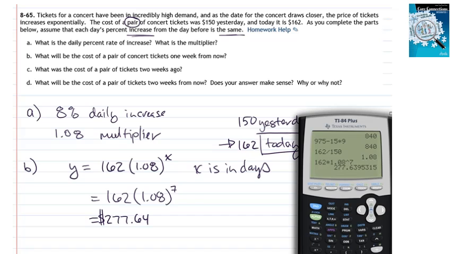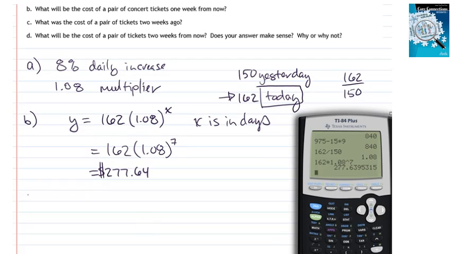So if it's 2 weeks ago, 2 weeks in the past, that's negative 14 for x. So y would equal 162 times 1.08 raised to the x power, but this time my x is going to be negative 2 weeks, which is 14 days. So negative 14 days.